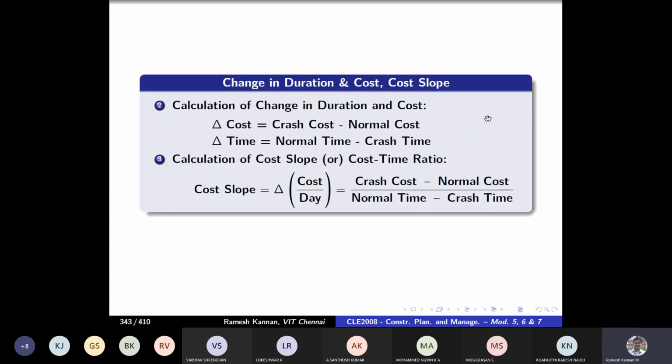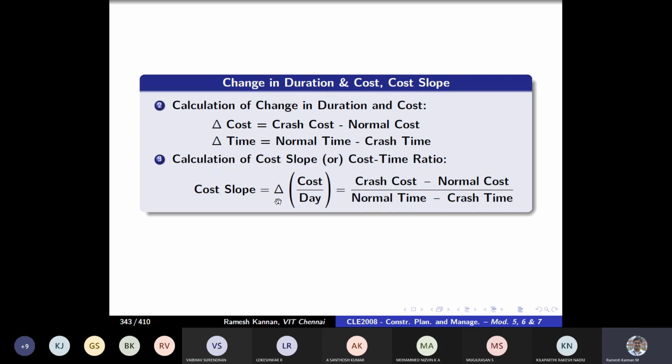Next is a very important thing. Kindly make a note of this. The difference of cost is crash cost minus normal cost. The reason is that crash cost is higher than the normal cost, so we subtract normal cost from the crash cost. Then the change in time is the normal time minus crash time, which means the normal time is higher, minus the crash time. Or you can even take an absolute value, which will be very useful in finding the cost slope.